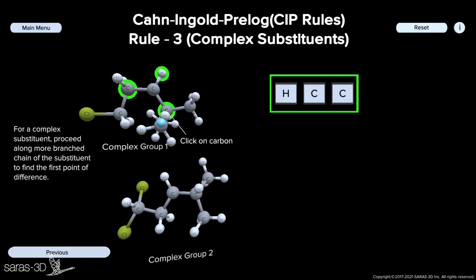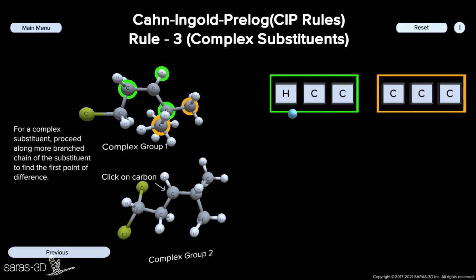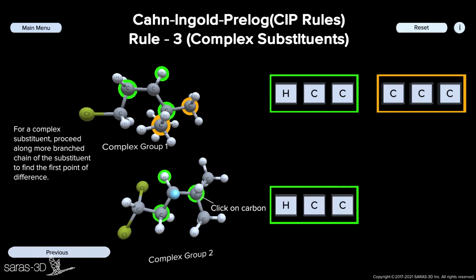So we have to proceed along that chain which is more branched. So we will click on this second carbon. Here we have carbon, carbon and carbon. Now if this carbon is bonded to the chiral center, then we have carbon, carbon and hydrogen. So it is HCC. So there is no first point of difference here.